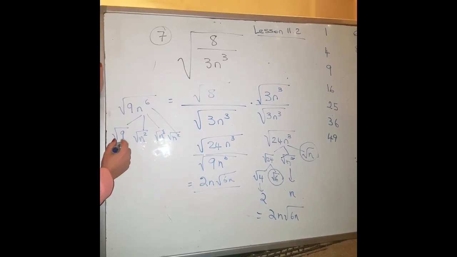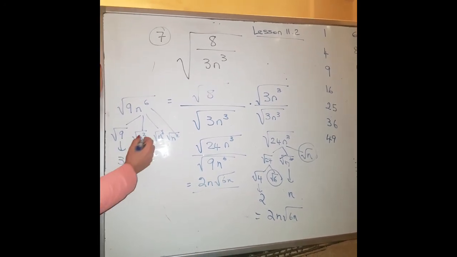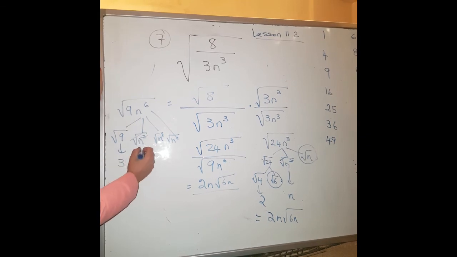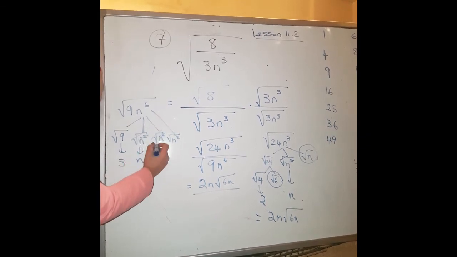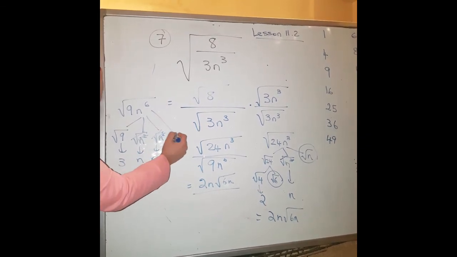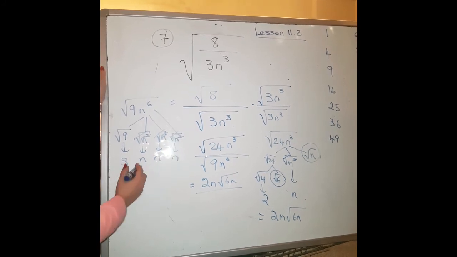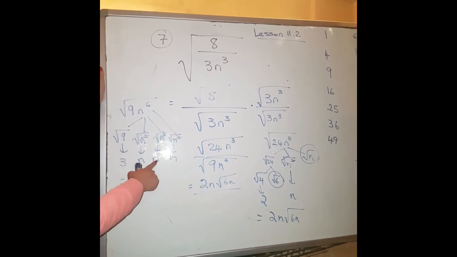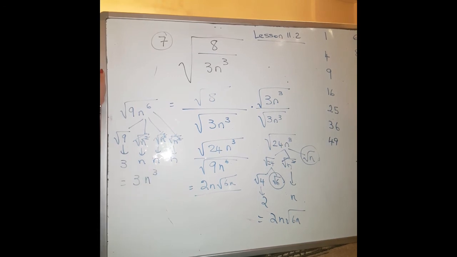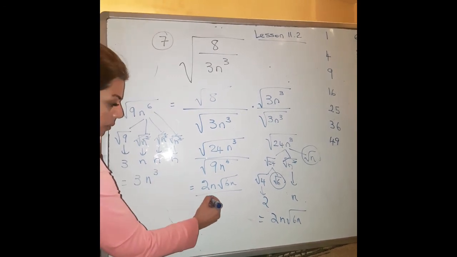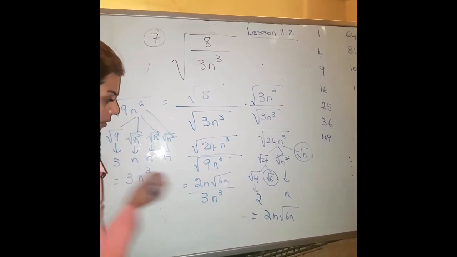Now what do I do? Radical 9 is a 3, n to the second is an n, n to the second is an n, n to the second is an n. So my answer in my denominator is 3n to the third.